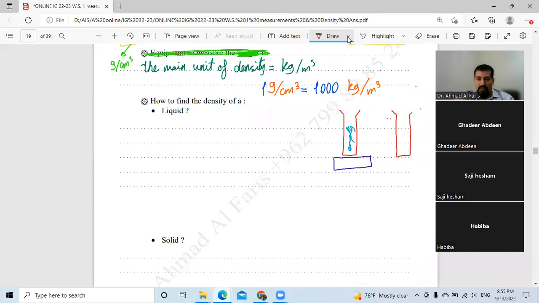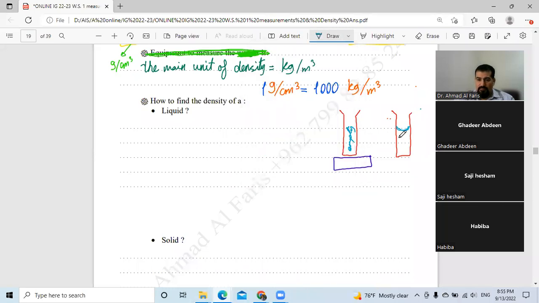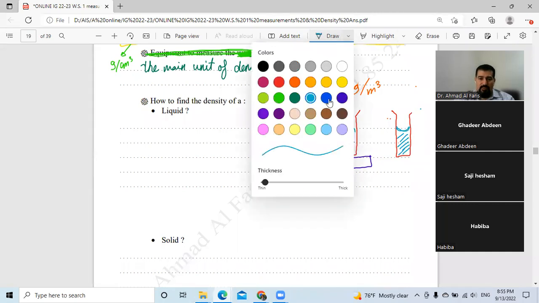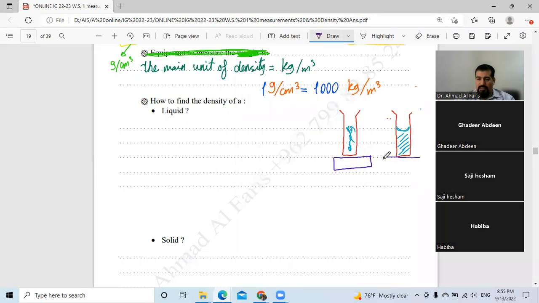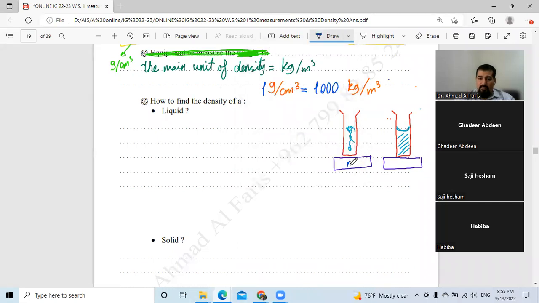or with liquid, and I see what will happen to the reading of the balance scale. The balance scale changed its mass. It was M1, and now becomes heavier, it becomes M2.